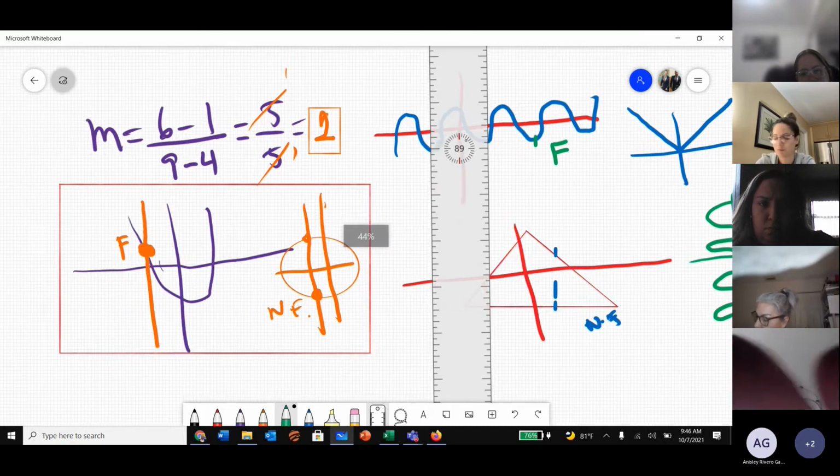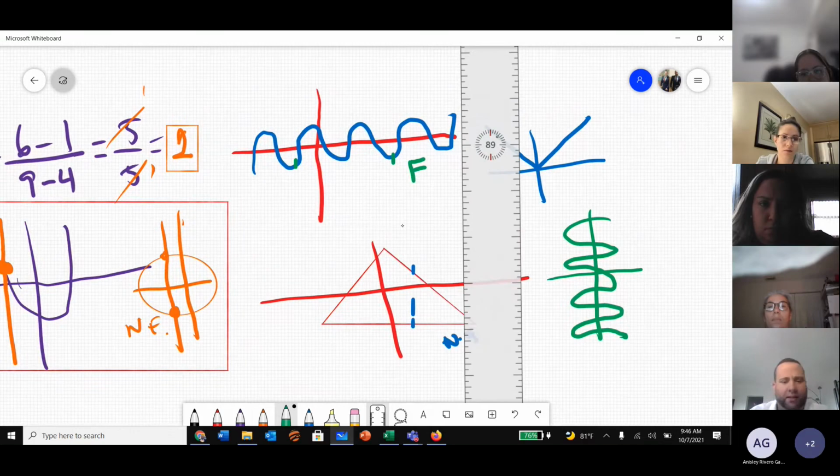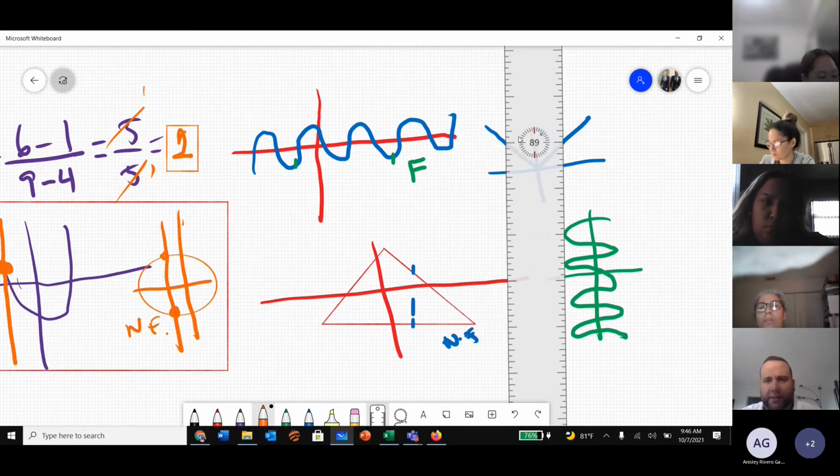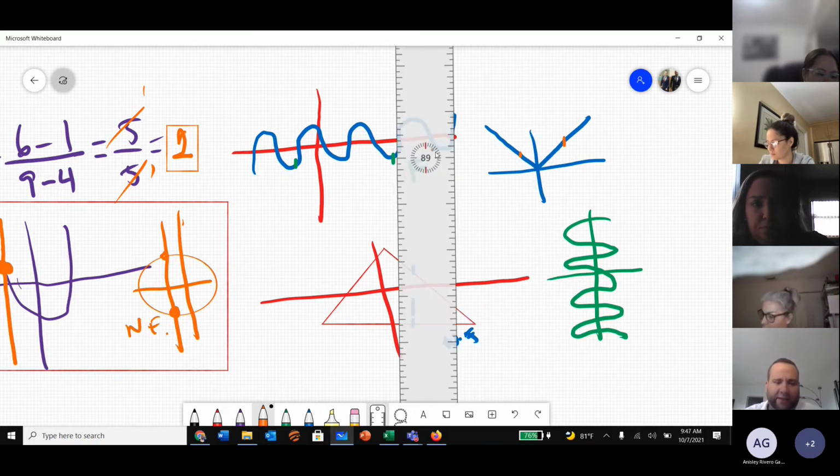If you do the same with this one, it cuts here in 1 point. Wherever you go with the ruler, you can notice that it cuts in 1 point. And then this graph is also a function.